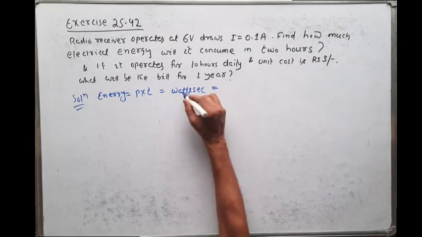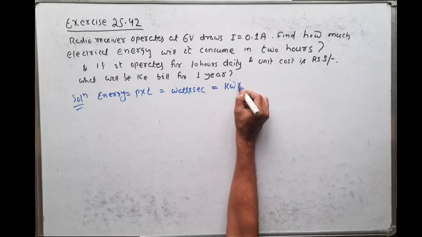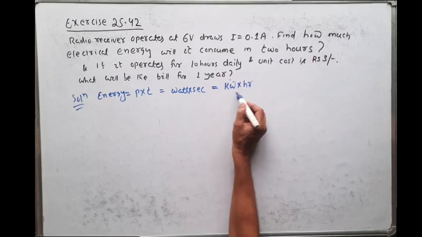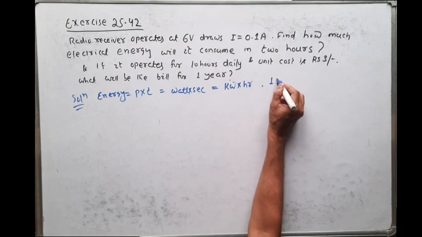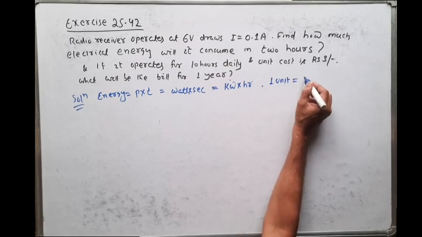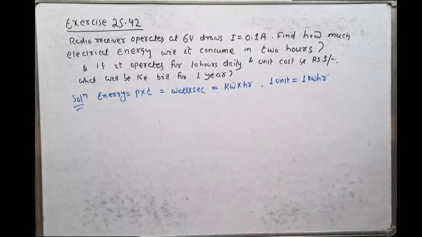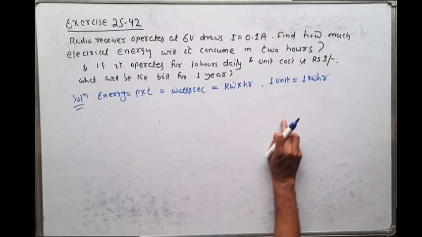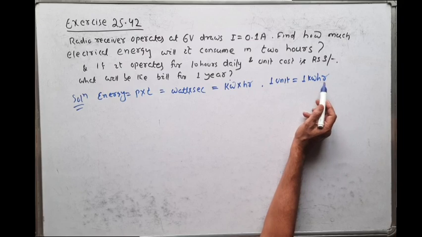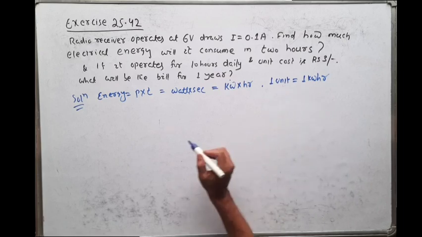So if we convert watt into kilowatt, and second into hour, this is called the unit of energy, kilowatt hour. And 1 unit of electrical energy means 1 kilowatt hour. Suppose in your house you have consumed 200 units in a month. That 1 unit means 1 kilowatt hour, so 200 units means 200 kilowatt hour. So this is the unit of electrical energy.